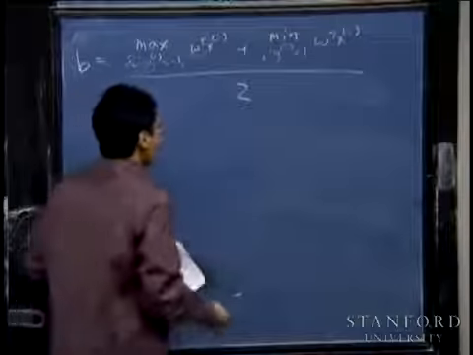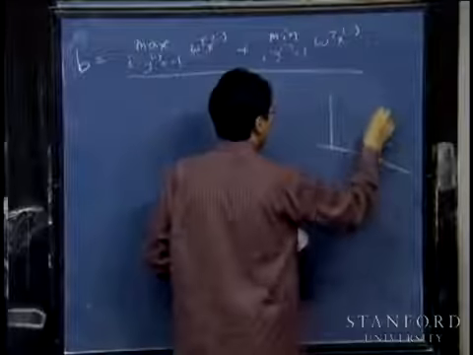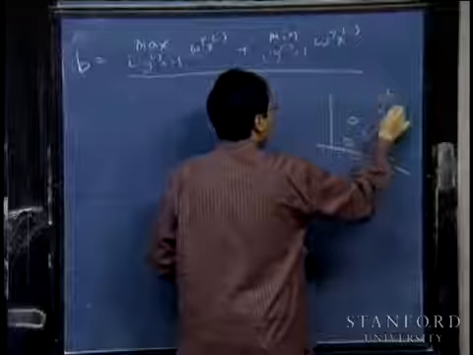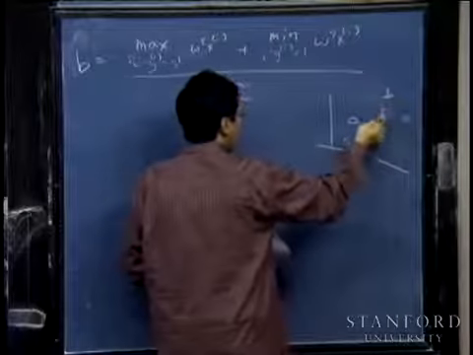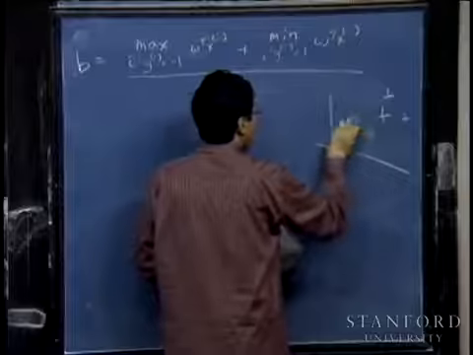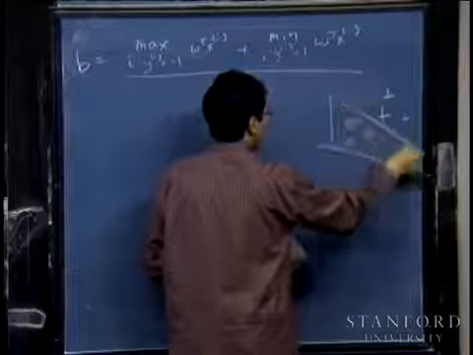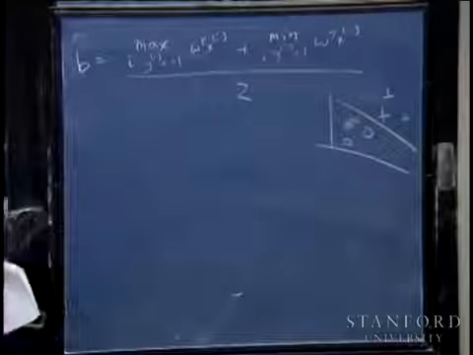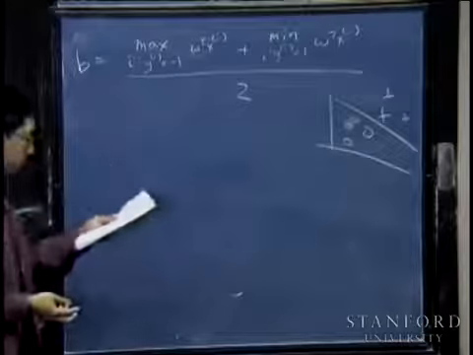The intuition behind this formula is just that you find the worst positive example and the worst negative example, like let's say this one and this one, and then you split the difference between them, and that tells you where you should set the threshold for where to place the separating hyperplane.